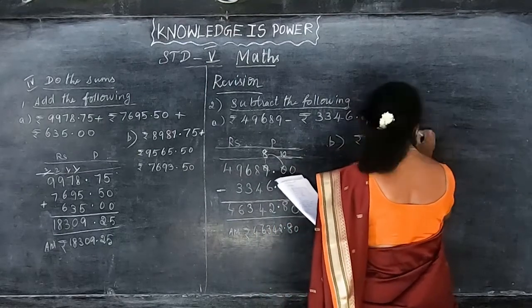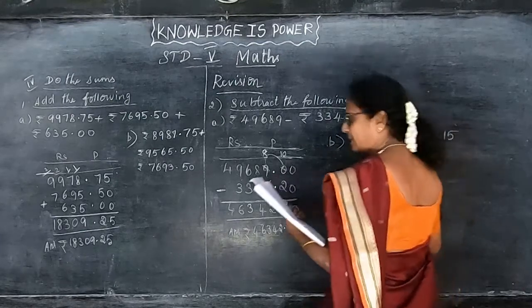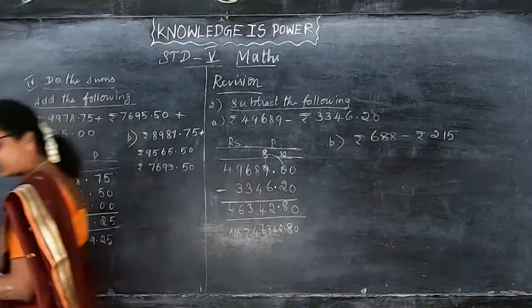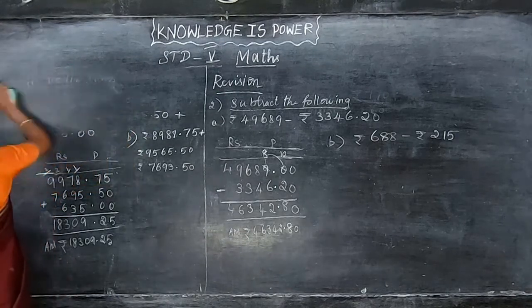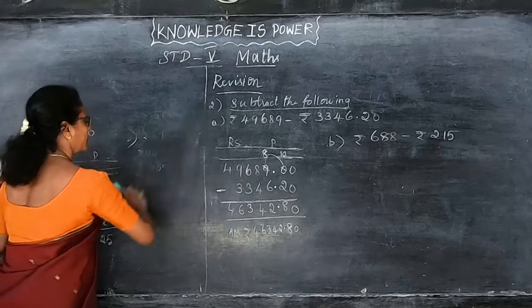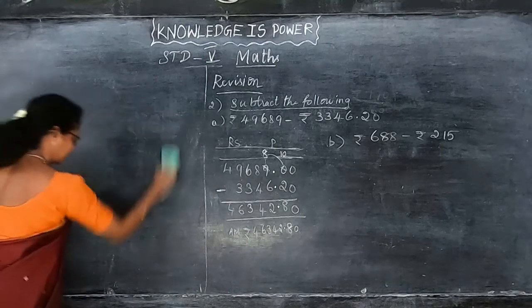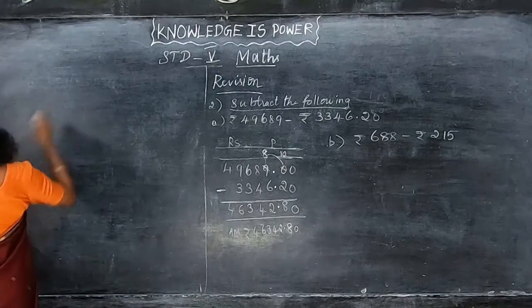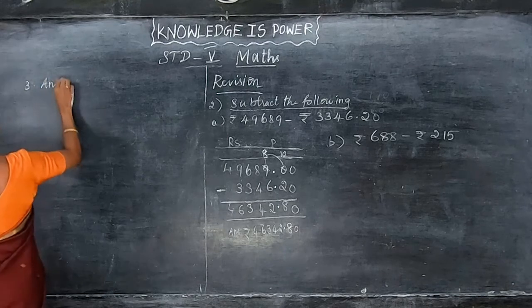688 minus rupees 215. So in this sum you will see, okay. And now the next one, answer the following, is multiply.